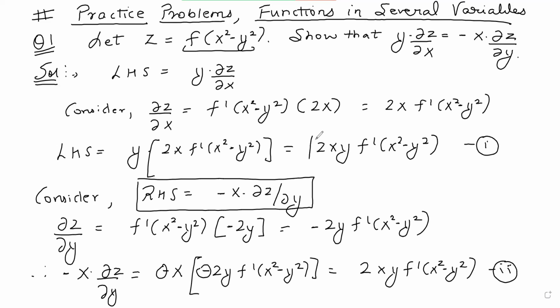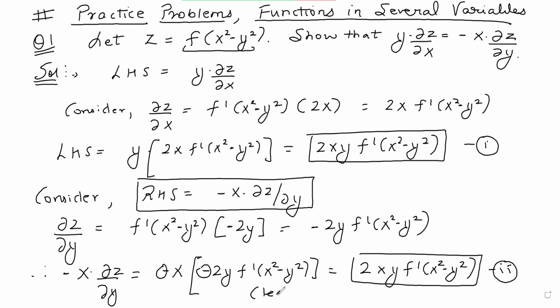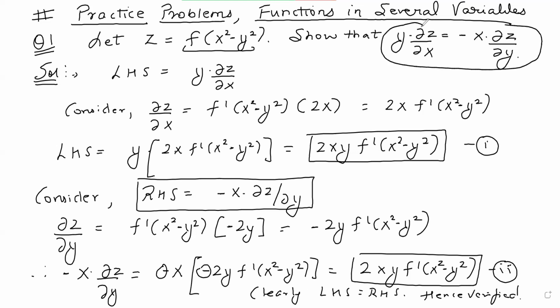If you compare, left hand side is this expression, right hand side is this expression, both are the same. Clearly, left hand side is equal to right hand side, hence verified. So I have shown that y times del z by del x is equal to minus x times del z by del y.